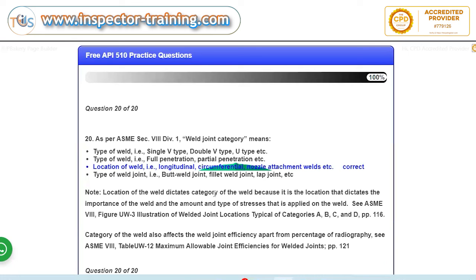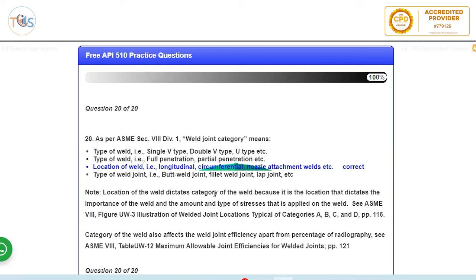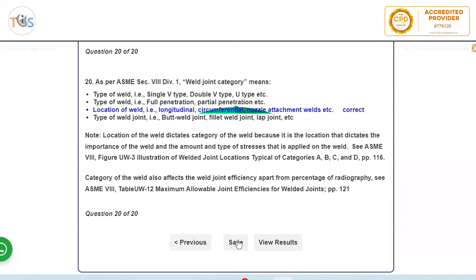Category means location of weld, because for example, for longitudinal joints, as we said, you've got more stress involved, so you need more radiography, or you have to be more careful in design and repair, compared to circumferential or nozzle to shell joints and all that. So the weld joint category always depends on where the weld is located.